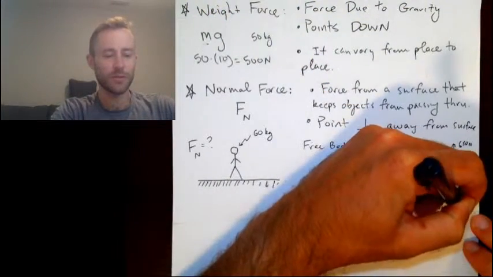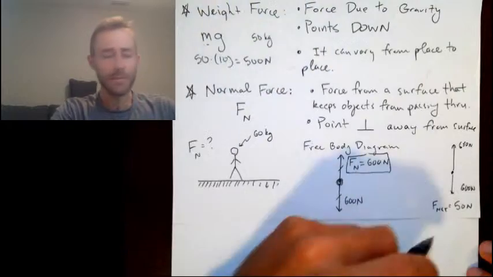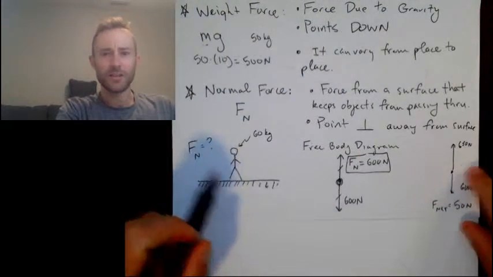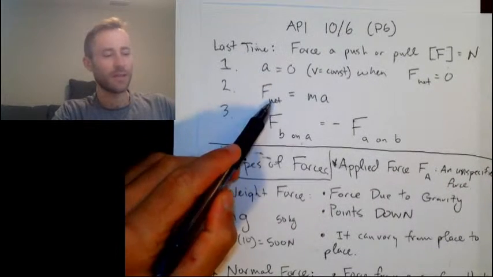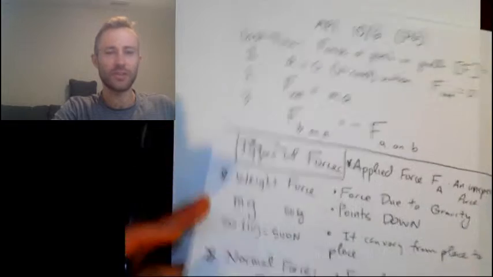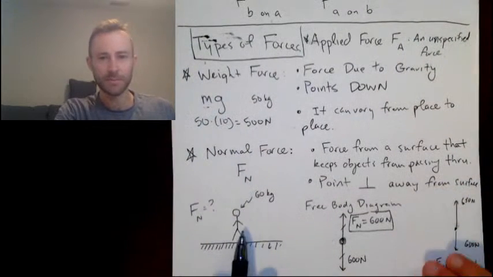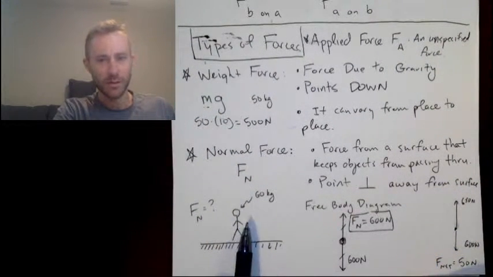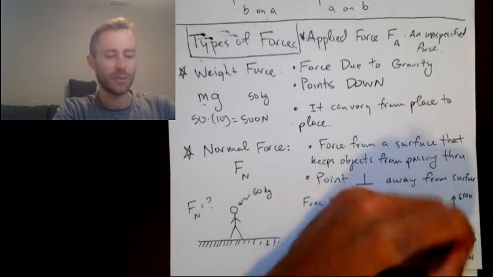That's a net force of 50 newtons. And if this person has a net force of 50 newtons, then they would accelerate up into the air, which is ridiculous. They're just standing on the surface. They're not flying through the air. So that doesn't make sense.